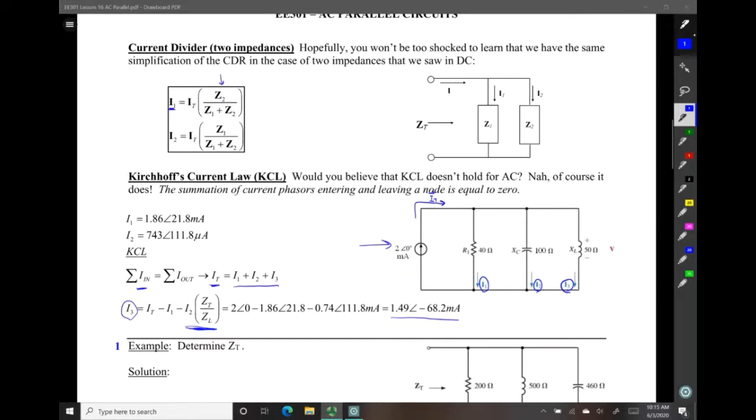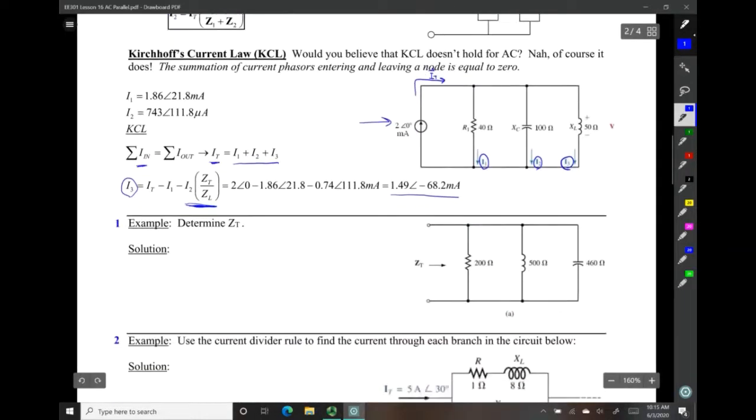So now that we've gone over the concepts for AC parallel elements, current divider rule, and Kirchhoff's current law, we'll go ahead and do a couple example problems. We'll start off with example 1, which is a pretty straightforward one. So we need to find Z total, this quantity right here.